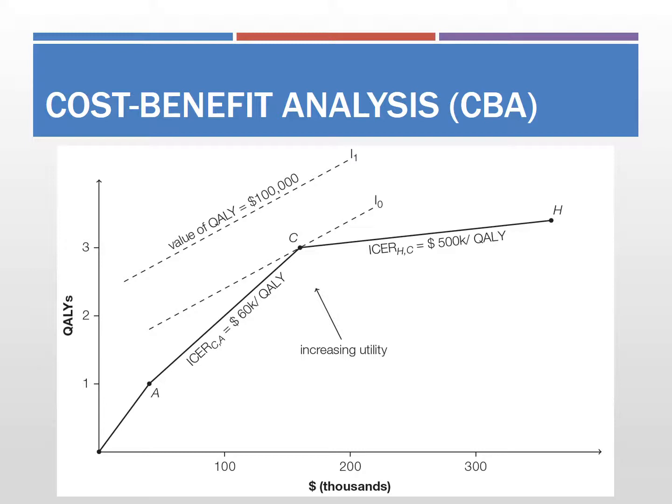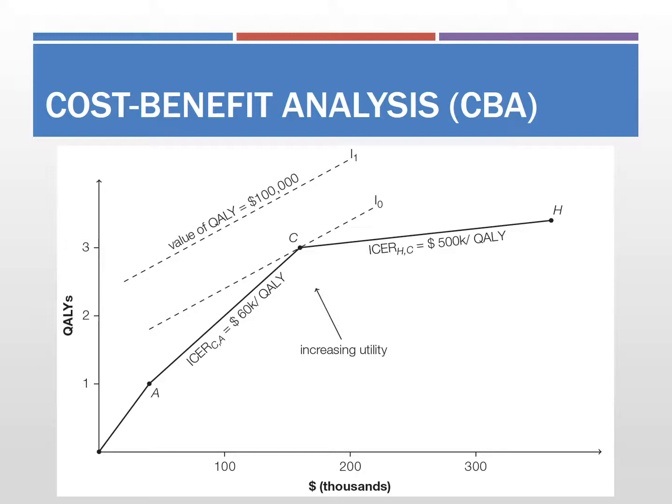As you can see, or refresh from your previous slides, the slope of the cost-effective frontier represents the additional cost to pay for these treatments compared to the previous one. In this case, the ICER represents $60,000 per quality of life year.